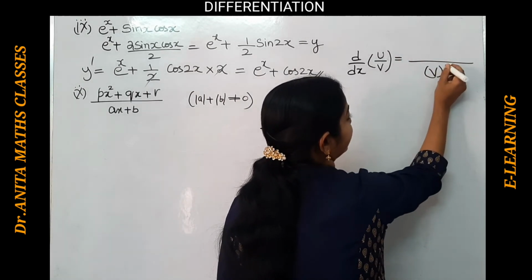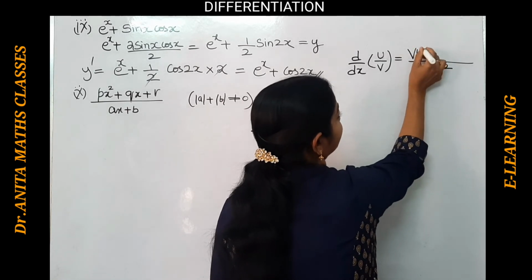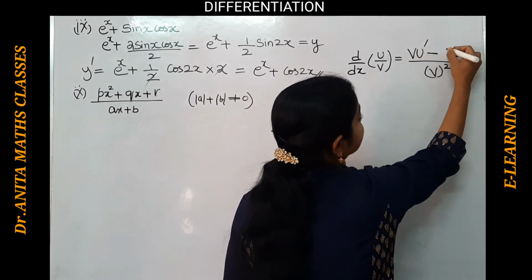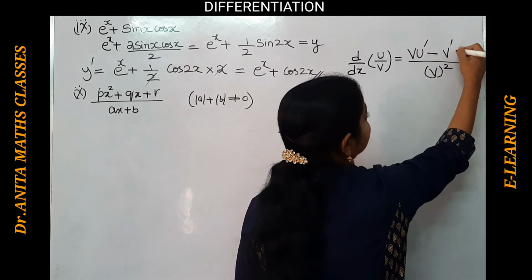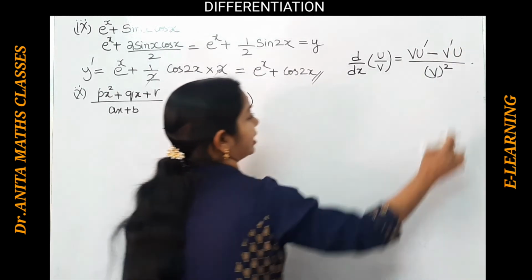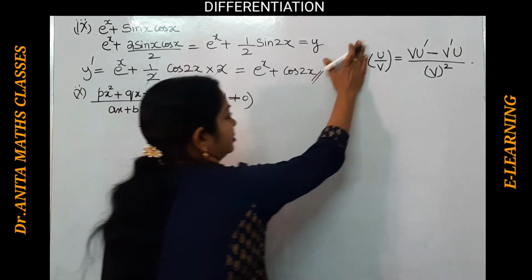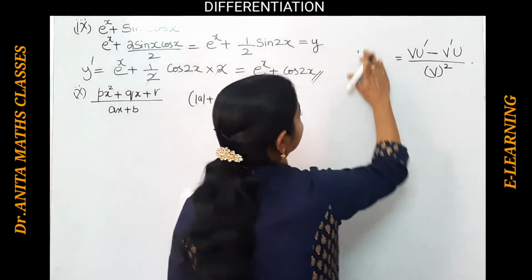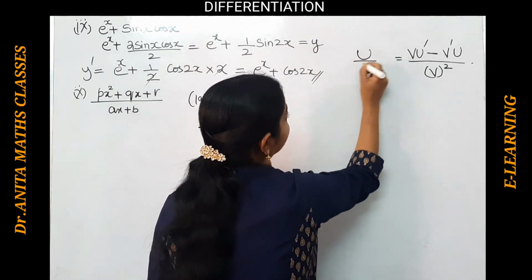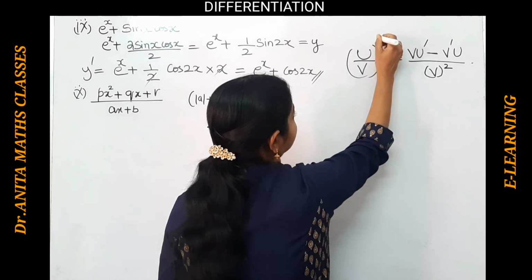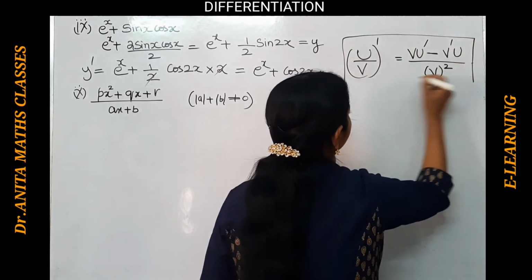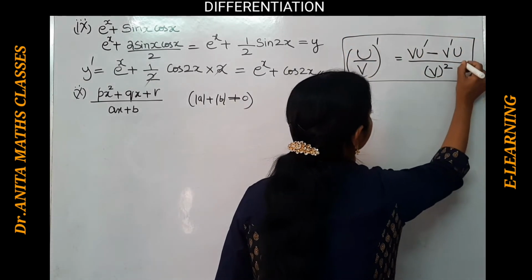This is 1 by v square, v u dash minus v dash u. So this is the formula. Just simply write like this also, to make it simpler, (u by v) dash. Yes, the derivative, the quotient rule.